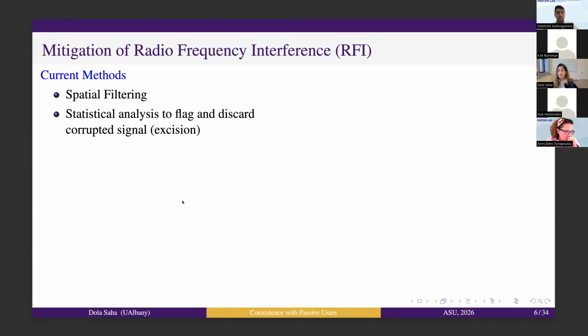But the most common thing that we do is statistical analysis of the received signal of the full bandwidth. And then we try to understand, oh, there is some similarity here. There is some cyclostationary property there. So let me try to get rid of those signals. And those are flagged and discarded, and then the rest is used.